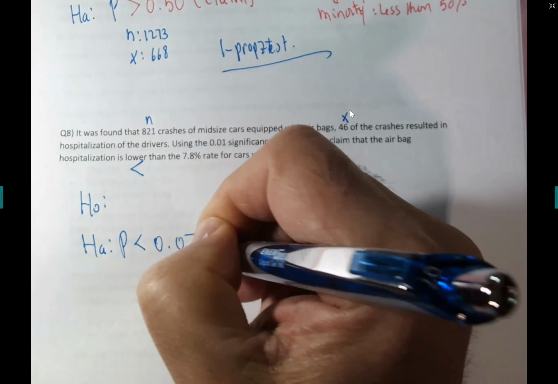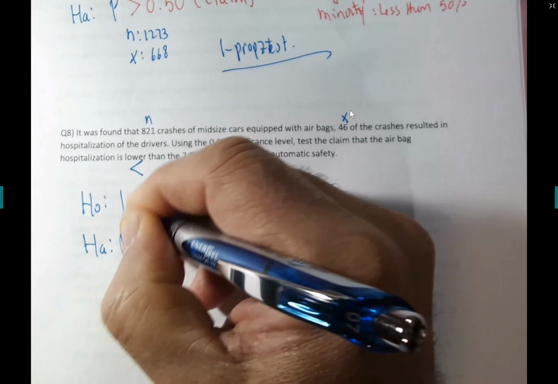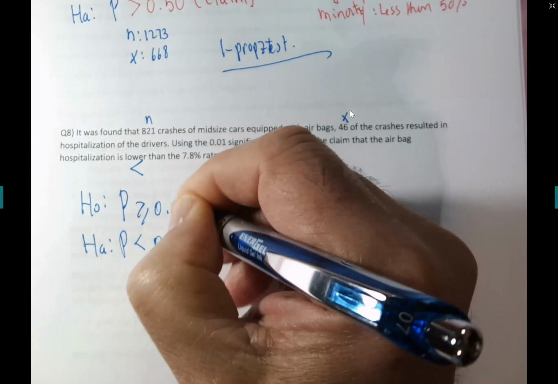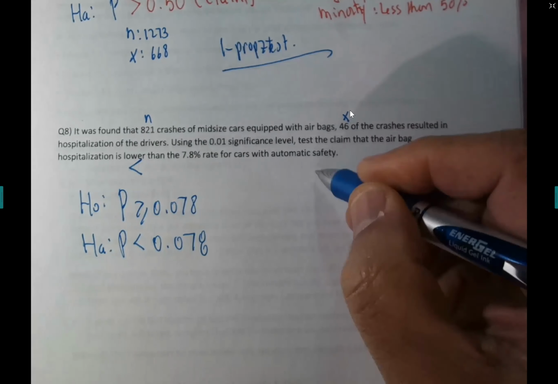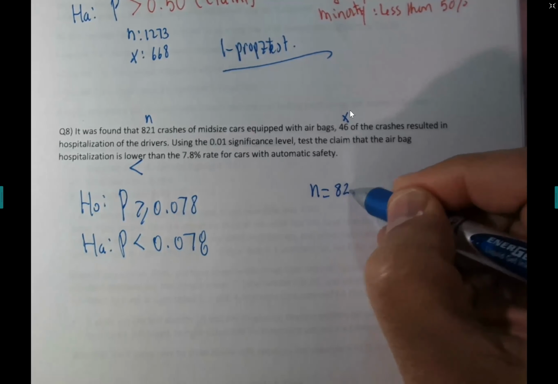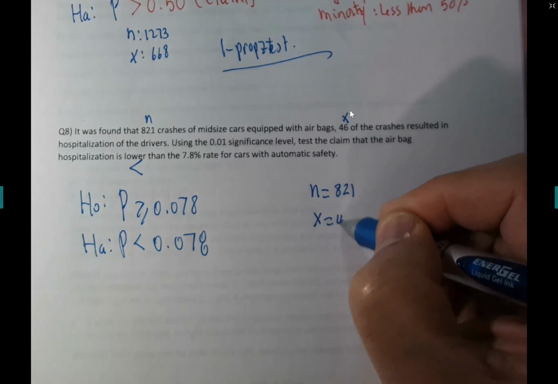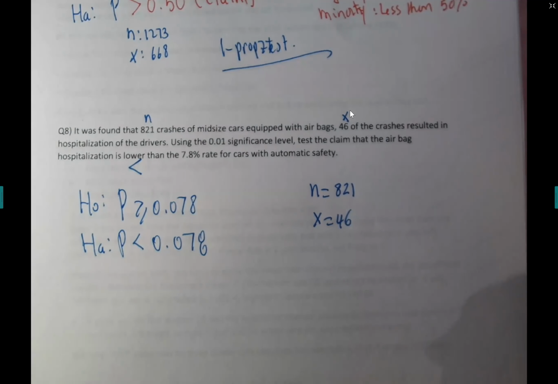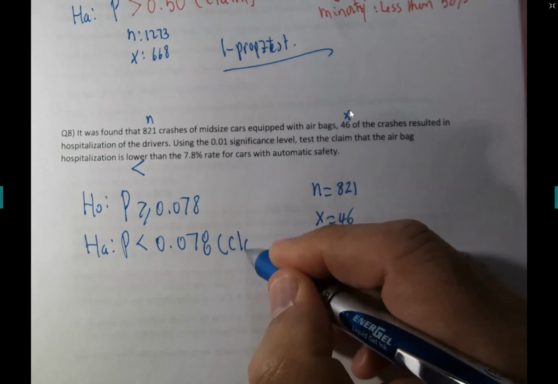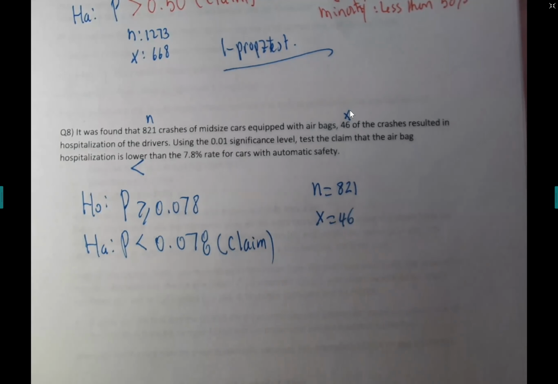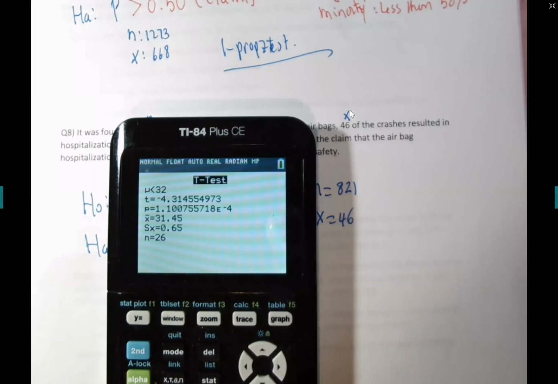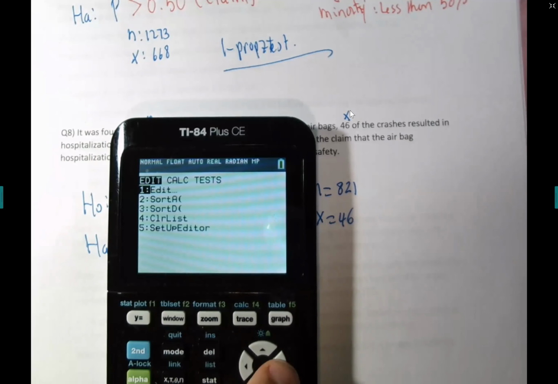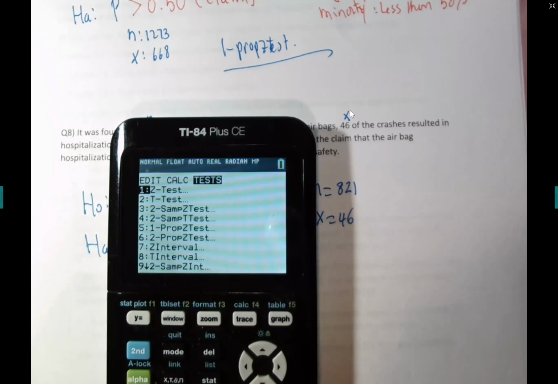So you should be able to easily, and I would change it to a decimal here. And so N is 821, X is 46, guys. Let me just do this one. And that's the claim, definitely. I intentionally did many problems where the claim is in the alternative because most of the time it is in the alternative.